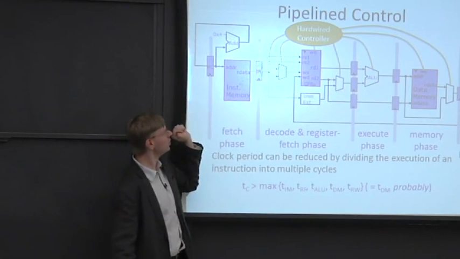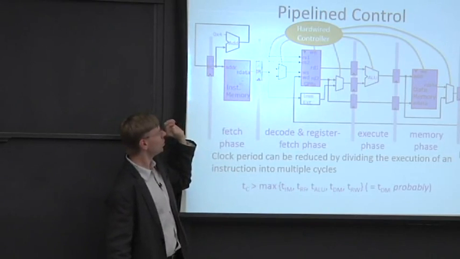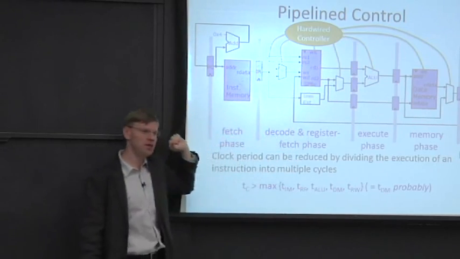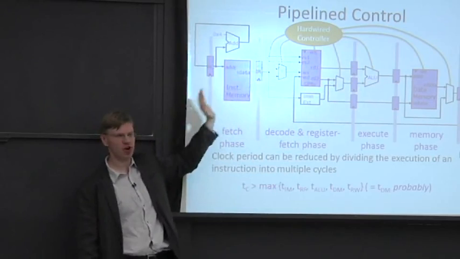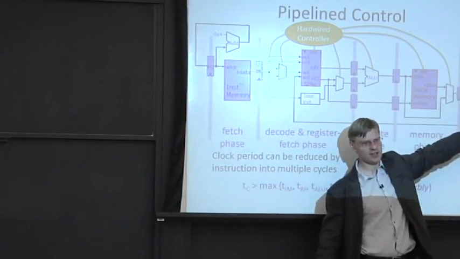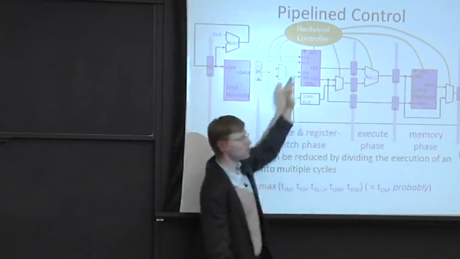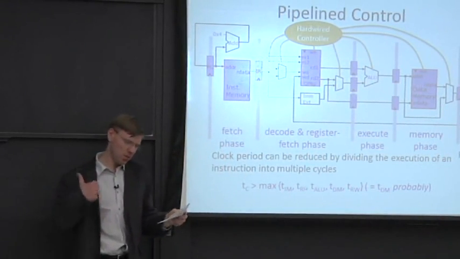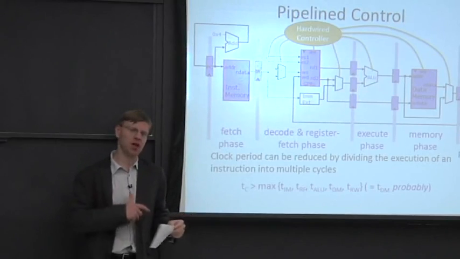But we're not going to pipeline our control unit. So what this means is we're going to fetch the first instruction, and we're going to have to wait for the instruction to go all the way to the end, write the register file, and be done. So what we just did here is we built a multi-cycle yet pipelined processor.